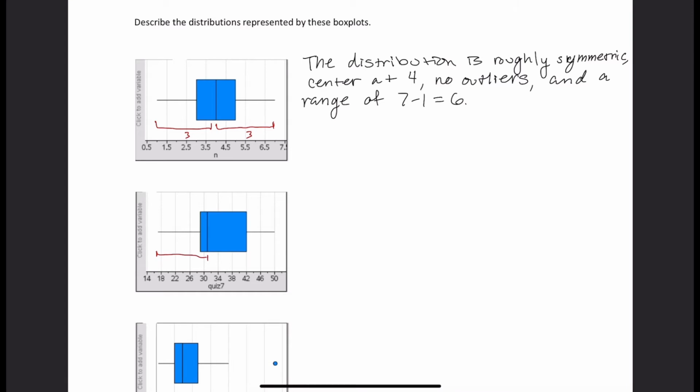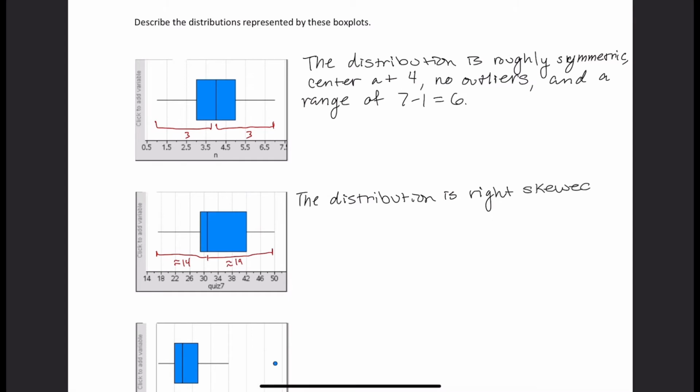That's about a distance of around 14-ish, which means from here to here, from 50 to, let's say, like 32-ish, is about 19. So, and again, those are approximate, since we definitely have one side that's longer than the other, that means we have a skewed distribution. So this distribution in particular is right skewed.